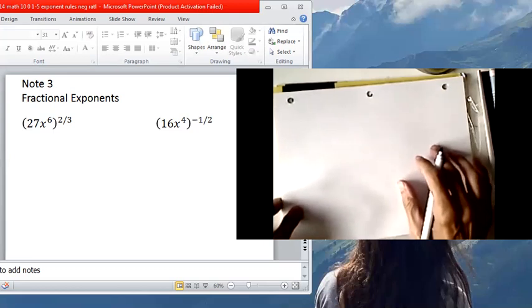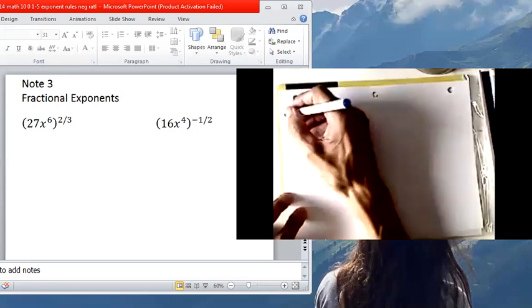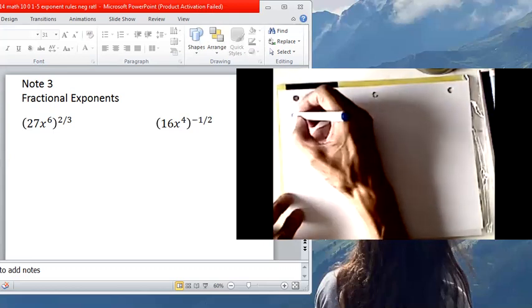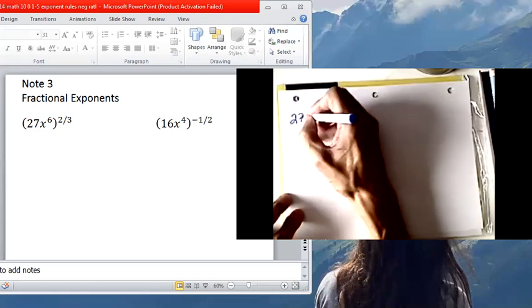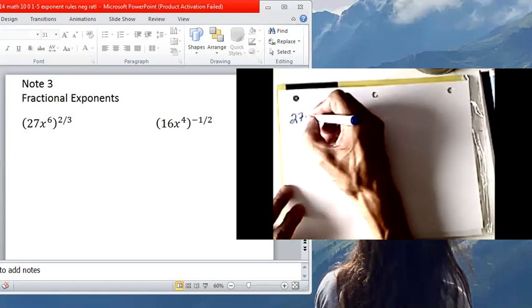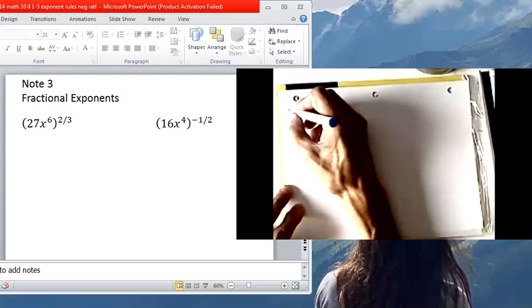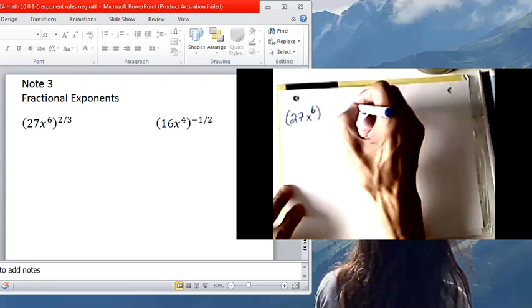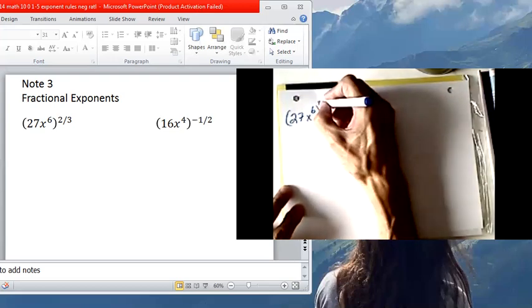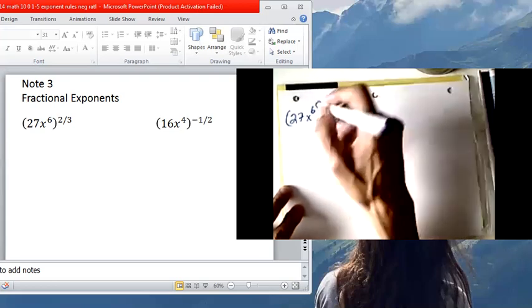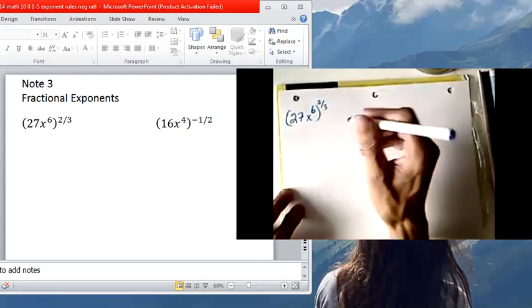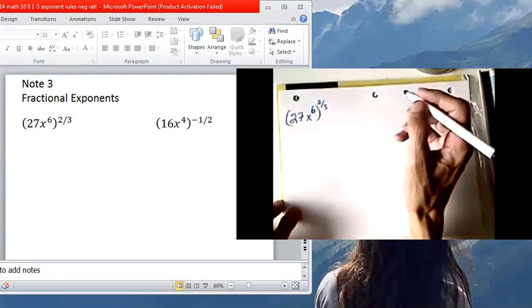All right, so making it look good. Here's what we got. 27, x to the 6. And then what's going to happen is when you start writing these exponents, they're going to fall down into the main part of the question. And that's going to cause some trouble.